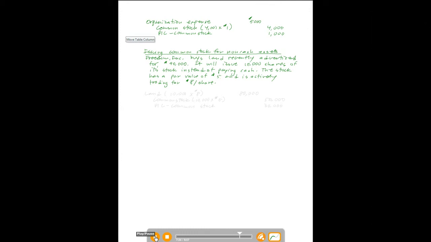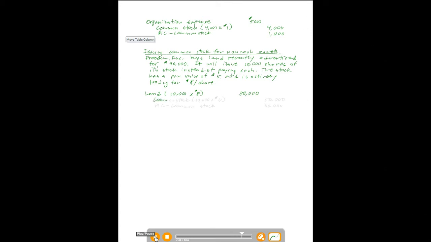So the journal entry is you're going to debit land for the 10,000 shares, and you're going to use the current market value, which is $8, because that's what they're paying for, $80,000.